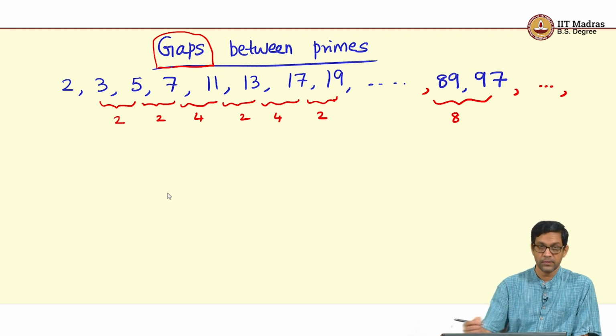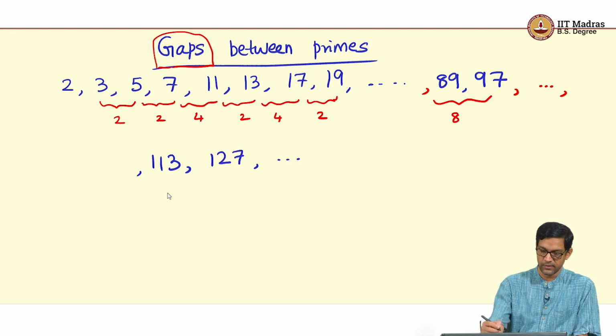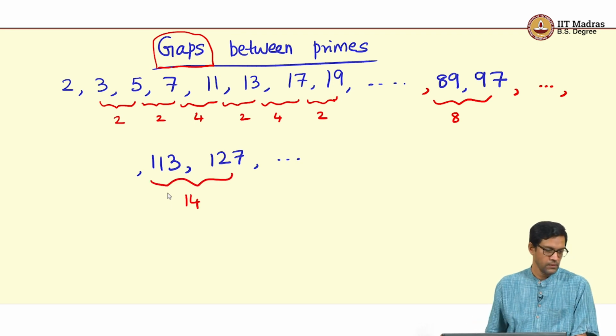And the other example that we looked at was 113 and the prime after that, as we found, was 127. So, this gap here is actually 14, right. So, these gaps are rather irregular.